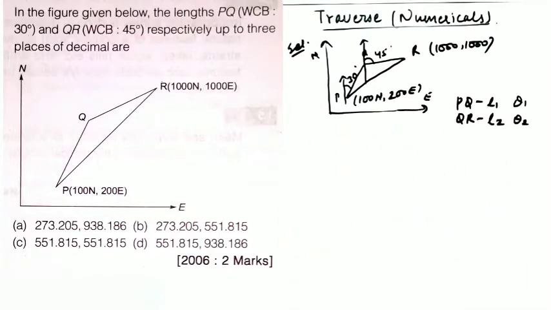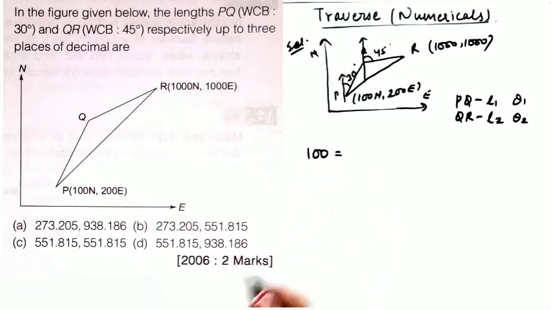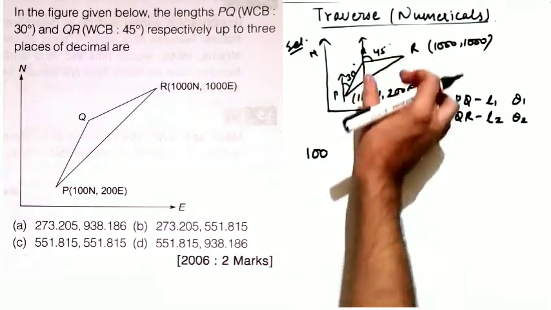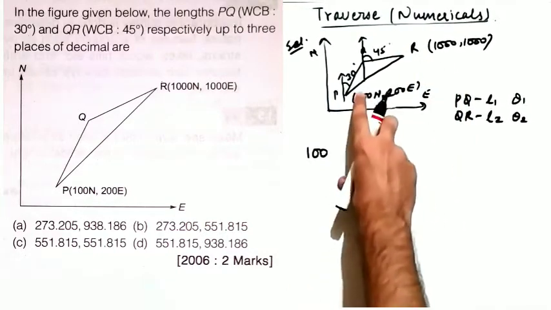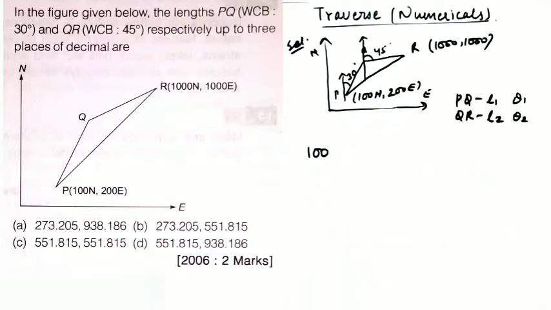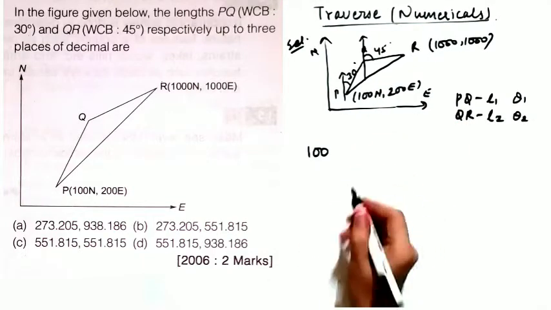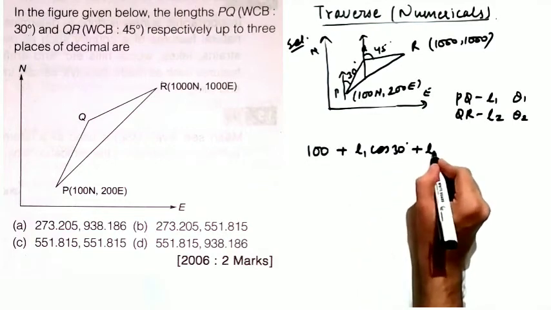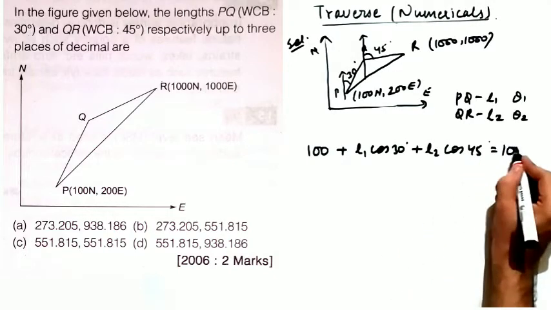First of all, you need to calculate. See, you know the northing of this point P. When you add L1 cos θ1 and L2 cos θ2 to this northing, you will get the northing of R. If you add L1 cos 30 to 100, you will get the northing of Q. And if you add L2 cos 45 degrees to the northing of Q, you will get the northing of R. In short, we can write 100 plus L1 cos 30 degrees plus L2 cos 45 degrees will give you the northing of R, and the northing of R is known to be 1000.